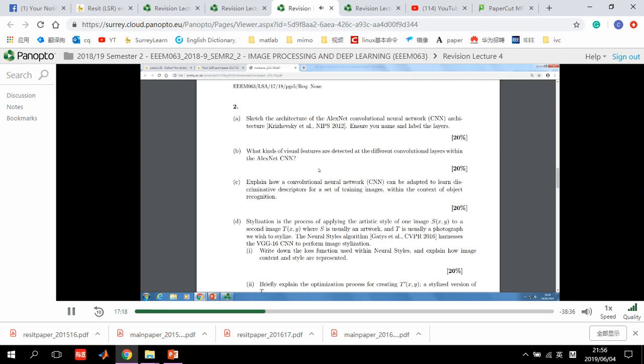What kinds of visual features are detected at the different convolutional layers within the AlexNet CNN? So what kinds of features are causing the neurons to fire in the first convolutional layer of AlexNet?